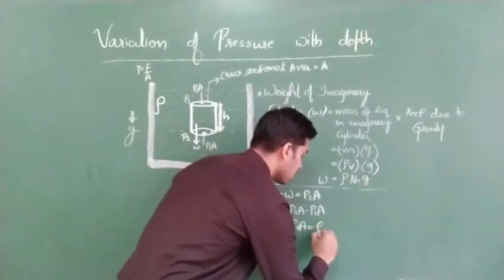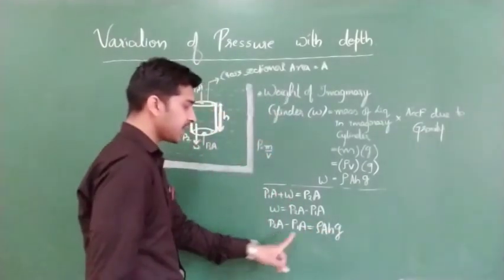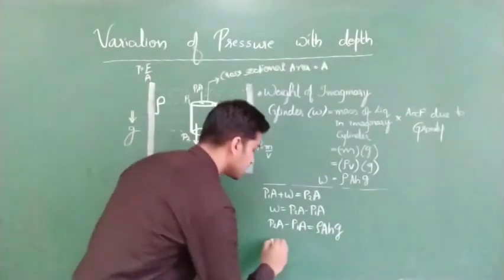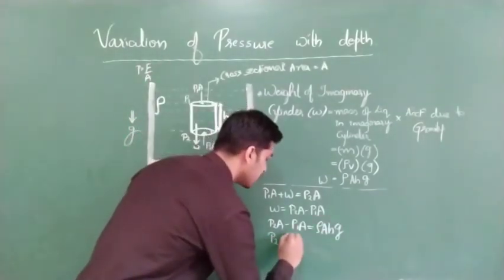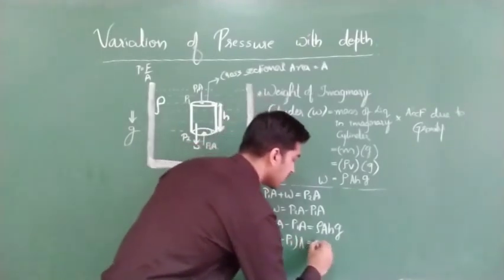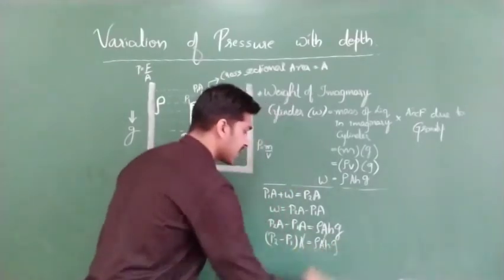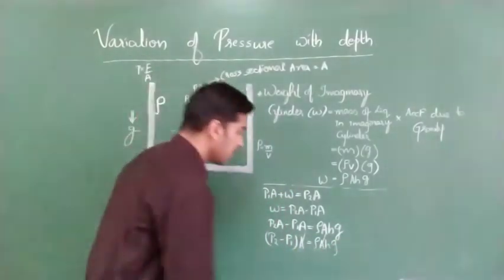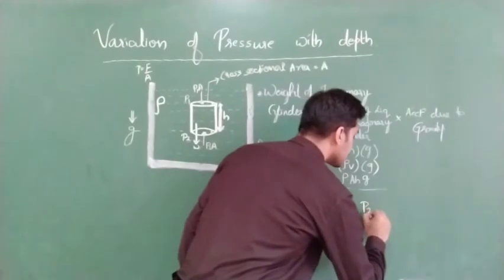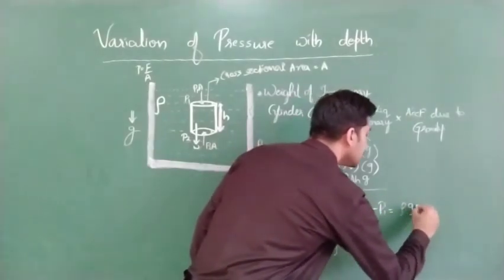So here take A common, so A will get cancelled. What is remaining? P2 minus P1 into A. If I take A common, on the other side we have rho AHG, so A will get cancelled. What is remaining? P2 minus P1 is equal to rho GH.